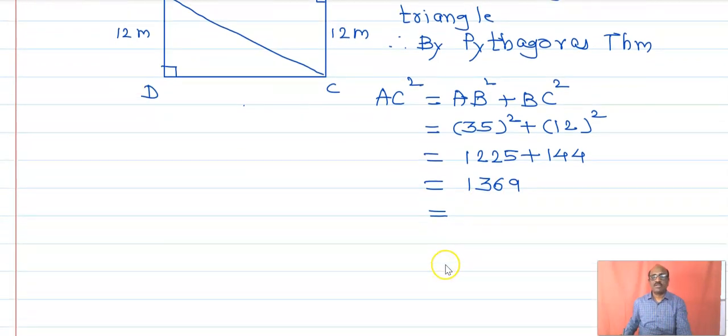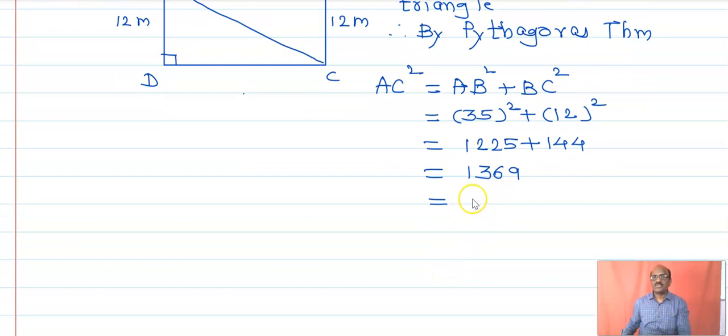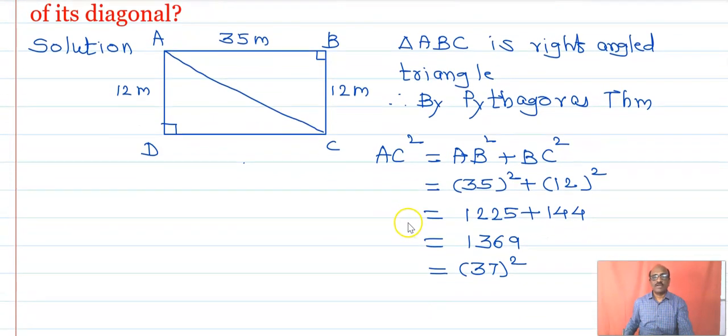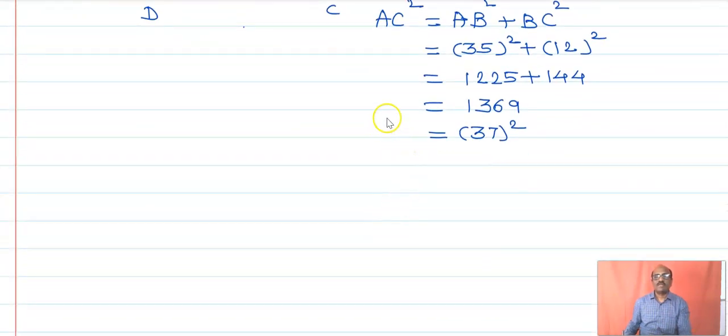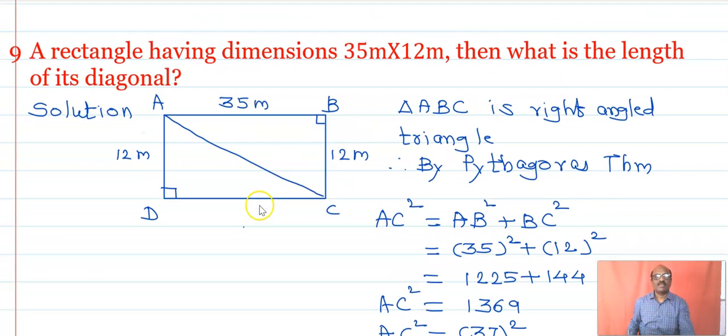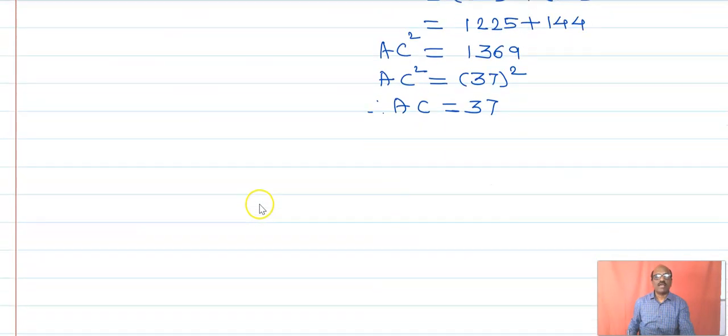To find the square root of this, it is 37 square, and we want to find the diagonal. Therefore, this is AC square, so AC is equal to 37.